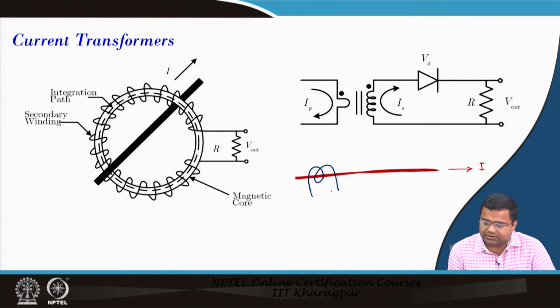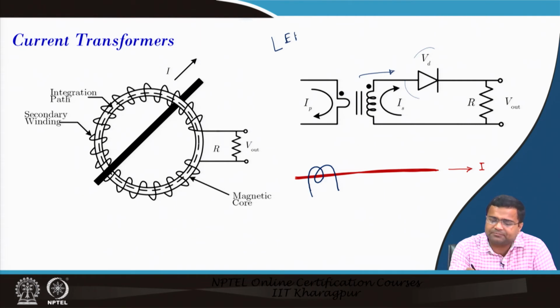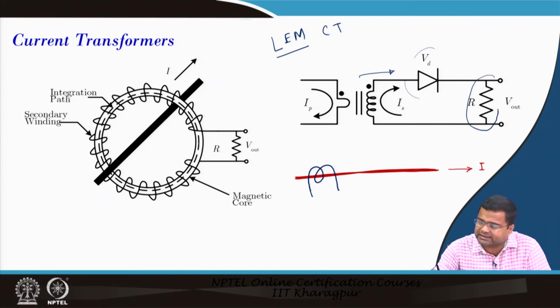If there is a current flowing through it, then this current is reflected in the secondary side, and the secondary side turns ratio is taken in such a way, as in the LEM sensor current transformer, that this current is reduced substantially. The secondary side of this current transformer should not be left open, so we put a resistance here.